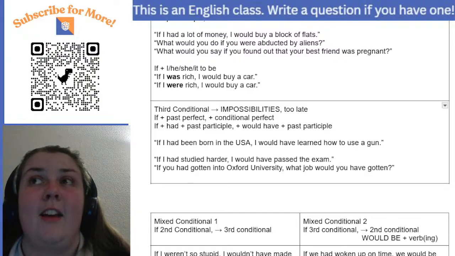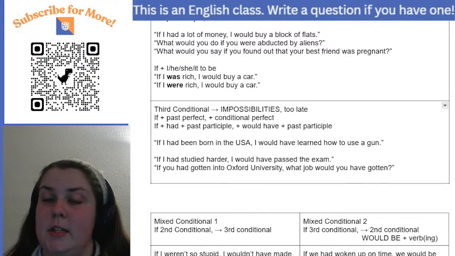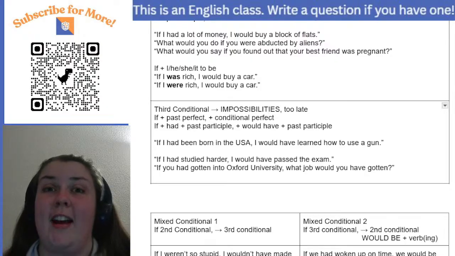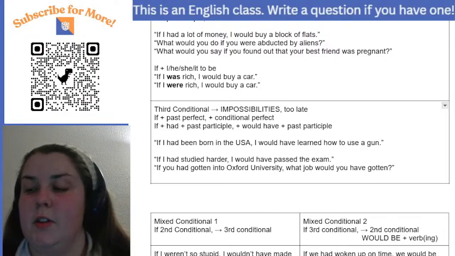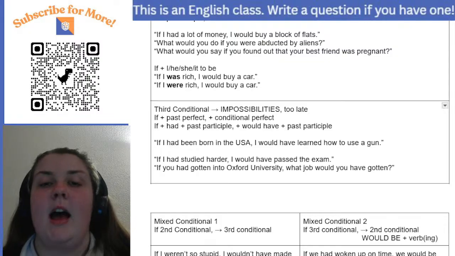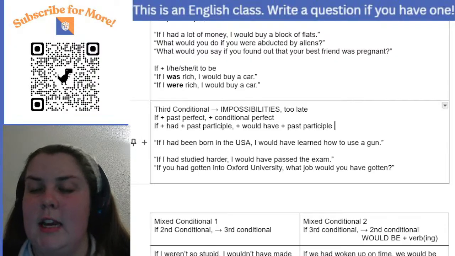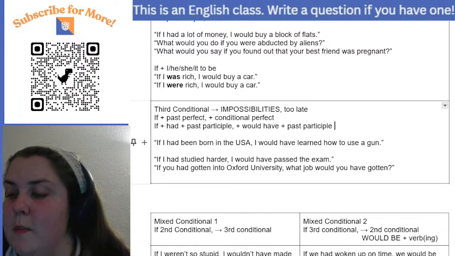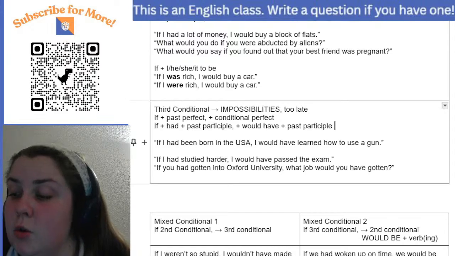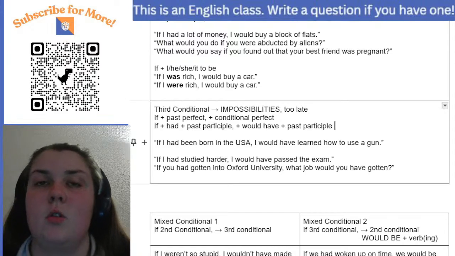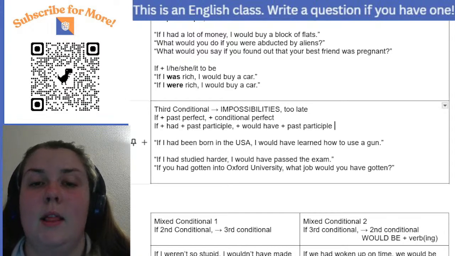And if I had had that opportunity presented to me, now it's too late, I would have taken it. So I think it's very important to take advantage of the fact that we're talking about something that is too late. It's always talking about something that is too late.